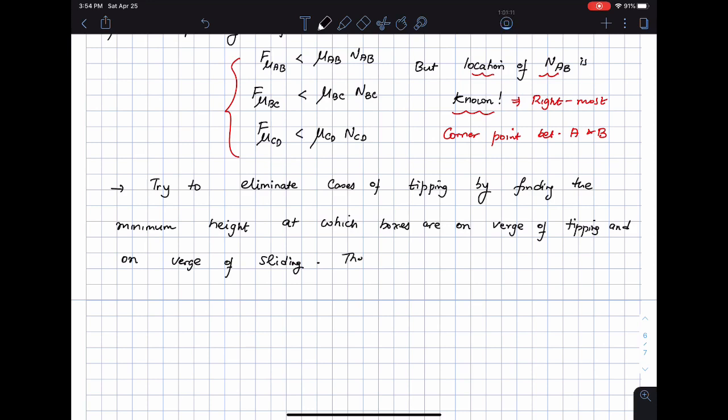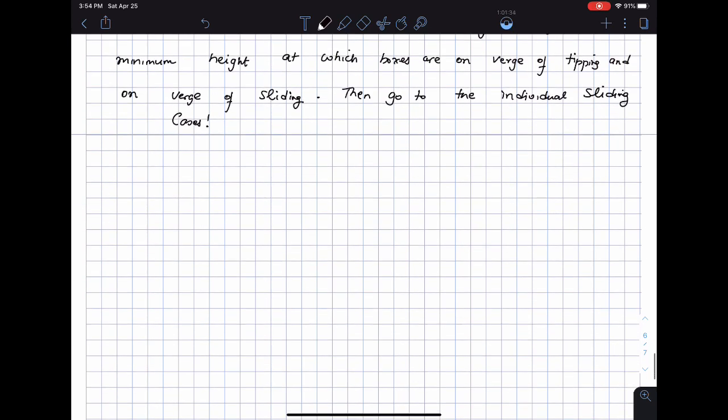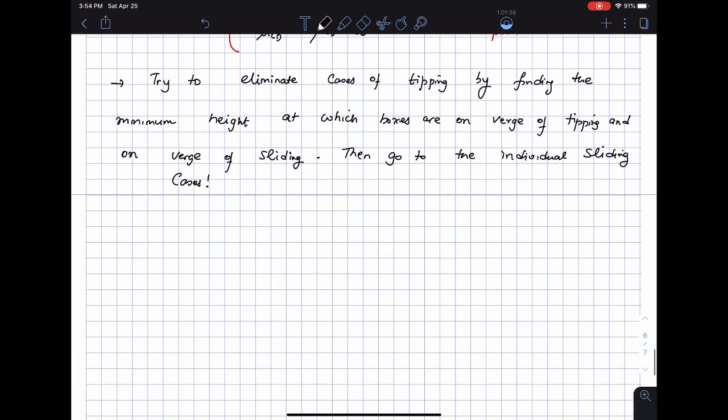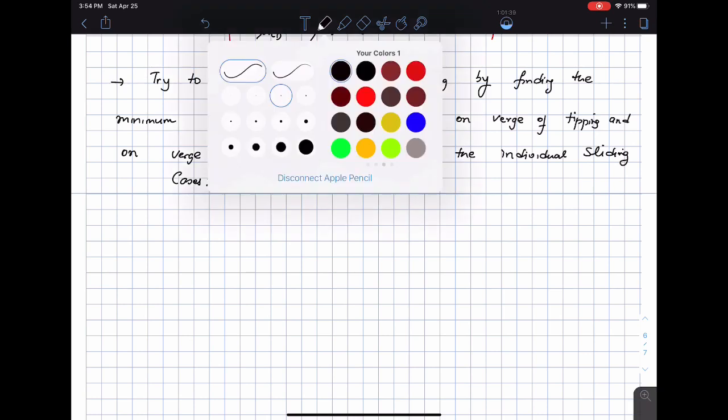So this is the first thing we have to do. To proceed towards that, I'm going to first assume that A, B, and C tip together and they are on the verge of sliding. So first thing is to eliminate tipping. This is our key statement here.